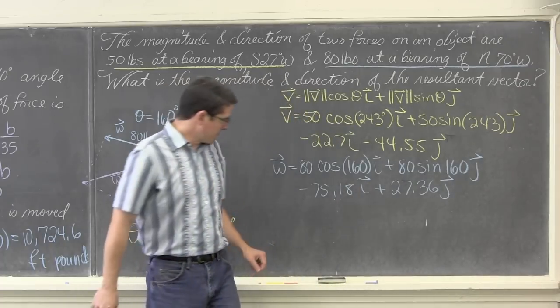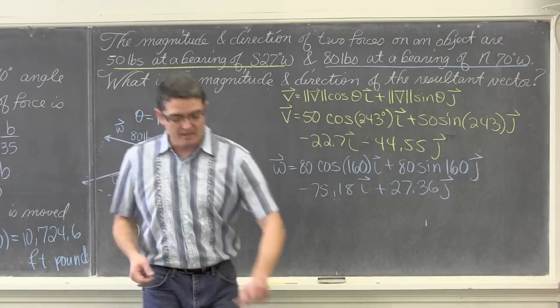The resultant vector is simply now the result of adding these together.